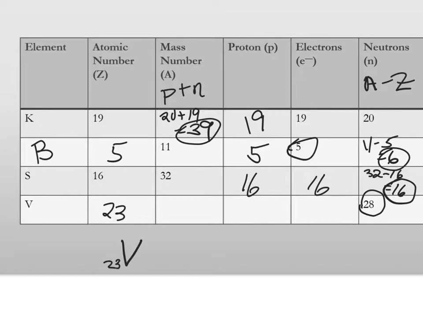You'd have to look at a periodic table to do this, but luckily I don't ask you to memorize things. So you use your resources, and you'll find it in the periodic table at element 23. So that makes both of these columns 23. And for here, the mass number is going to be 23 plus 28, which is 51.